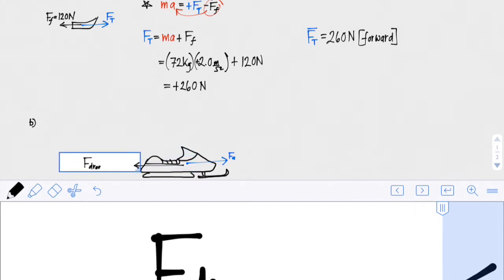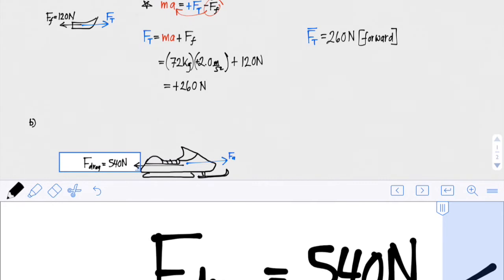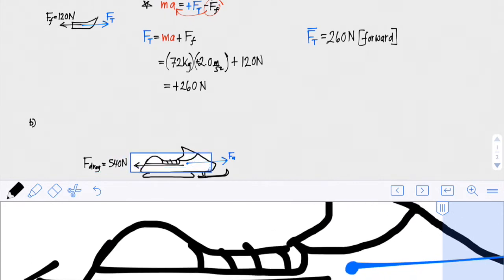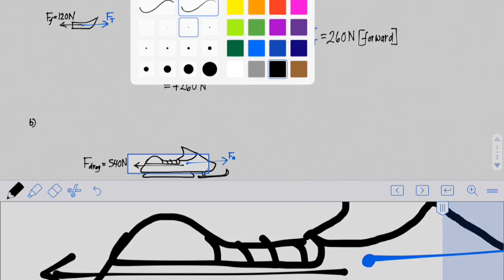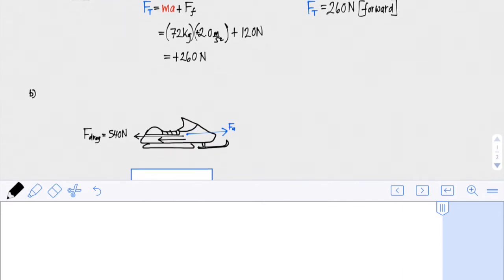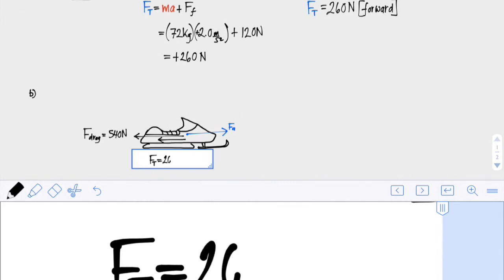So the drag is a form of friction. We also know that there is some resistance due to the force of tension from pulling the sled. And we know the magnitude of this tension from part A. We calculated it to be 260 newtons in the backward direction.